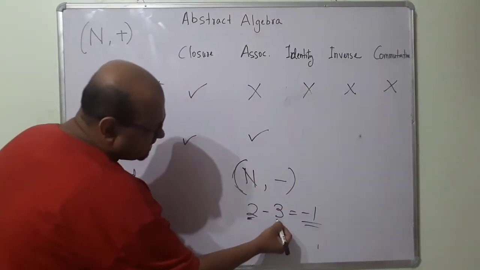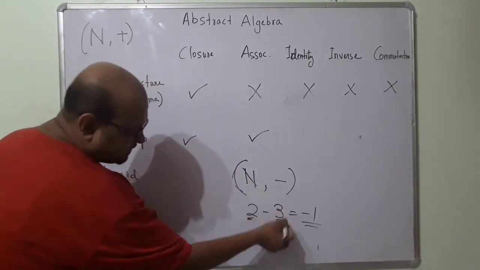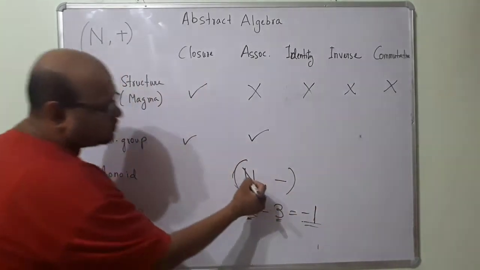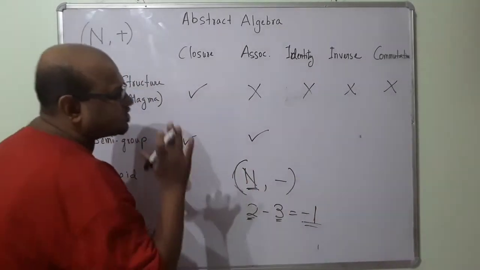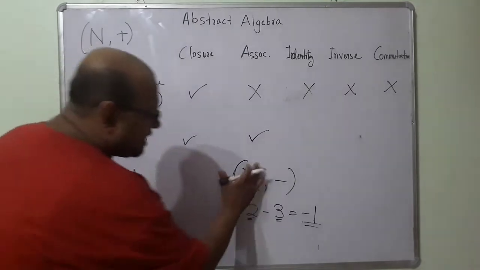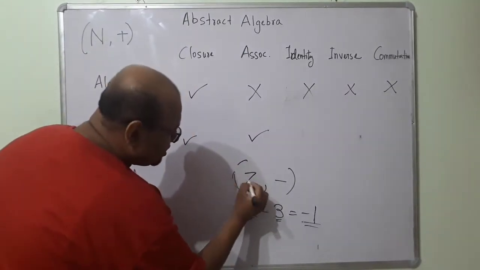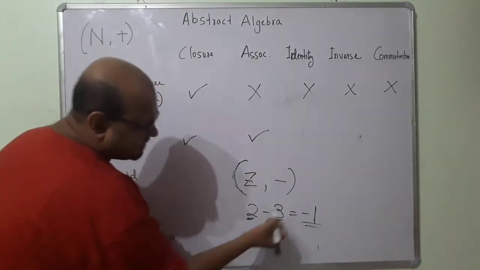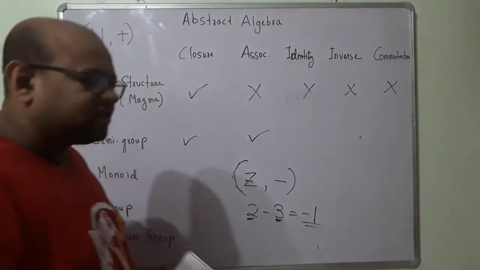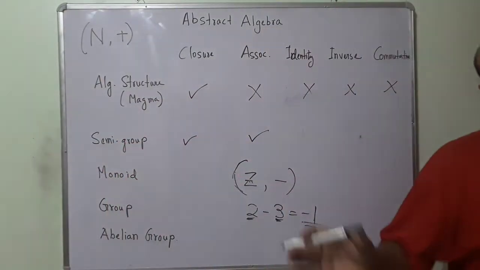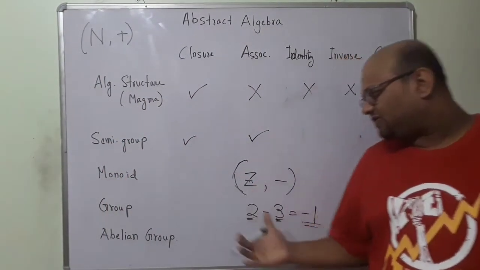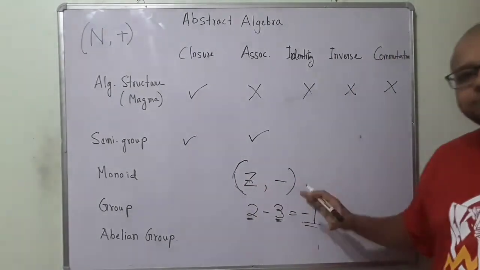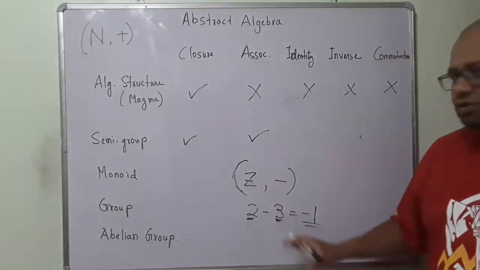Both operands came from this set, and I got an output that did not belong to the set of natural numbers, so it was not closed. Here I have a new set. This is coming from the set of integers, this is coming from the set of integers, and I get minus 1. Minus 1 does belong to the set of integers. It may not belong to the set of positive integers, but it definitely belongs to the set of integers. So I know Z and minus is closed.